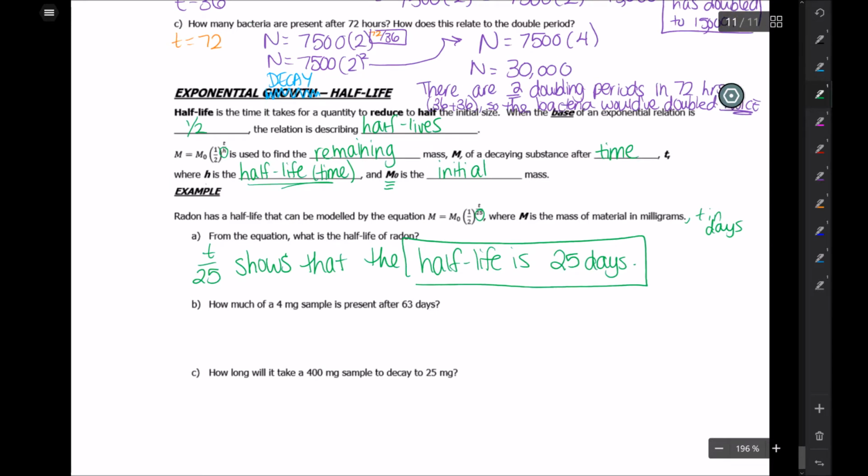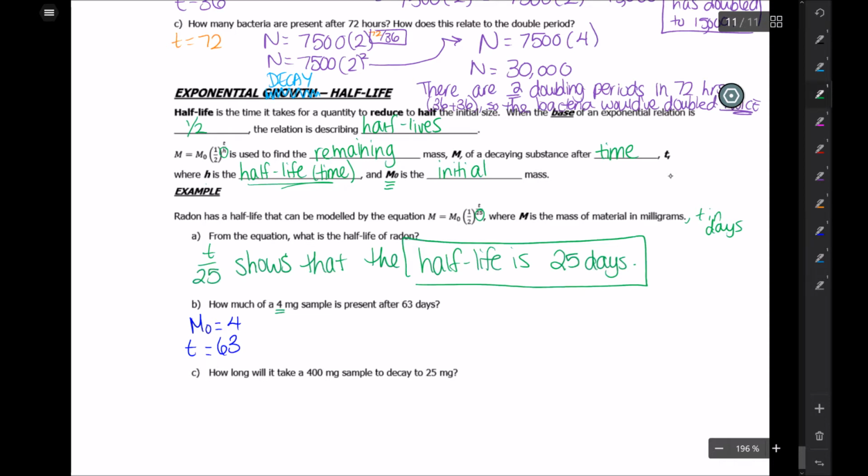Okay, so part B says how much of a 4 milligram sample is left after 63 days. So right here, this is telling us that the 4 milligrams is our m sub 0. So we know m sub 0 is 4, and we know that our time is 63.